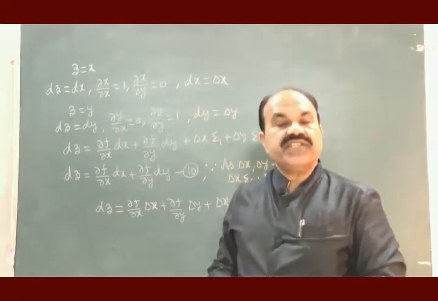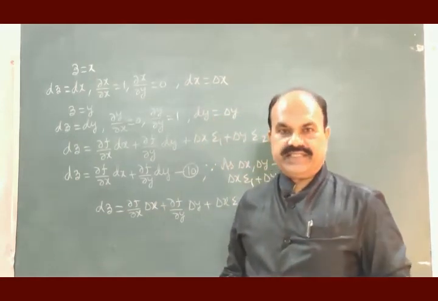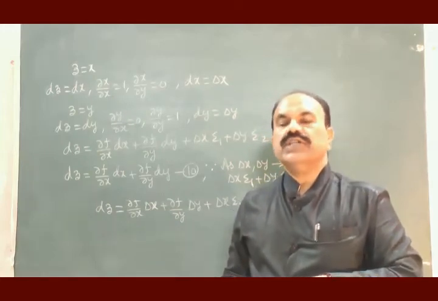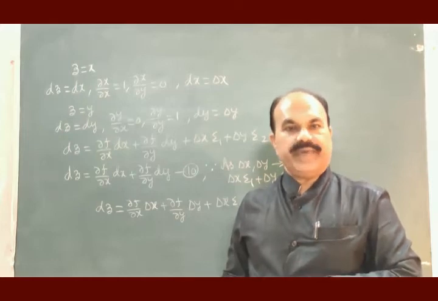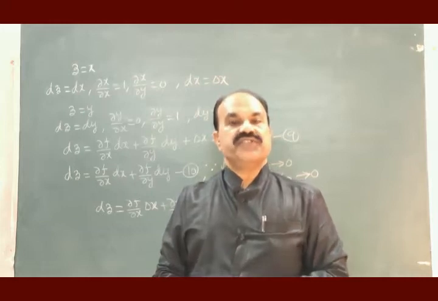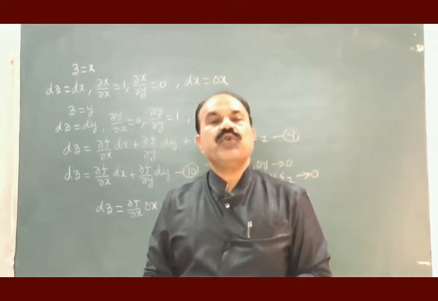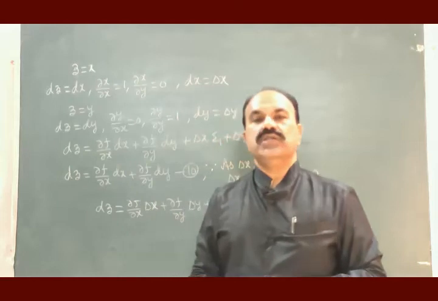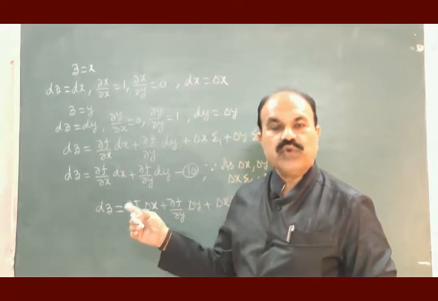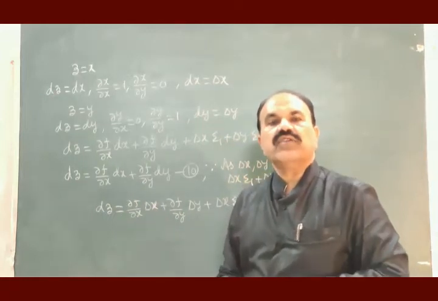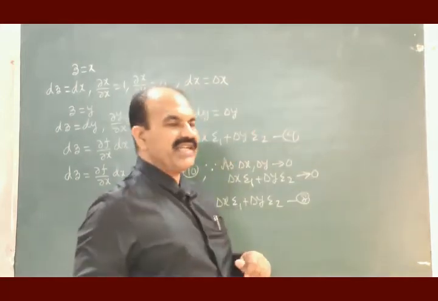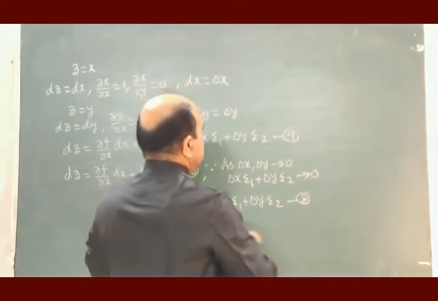Equation 10 is the estimated total differentiation of the function z is equal to f of x y. It is not the true value of total differentiation. Let us see what error is going to occur if we use this estimation of total differentiation for the function z is equal to f of x y. For this, let us consider a rectangle here.